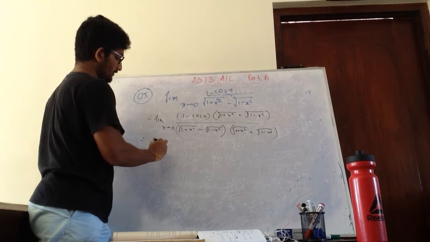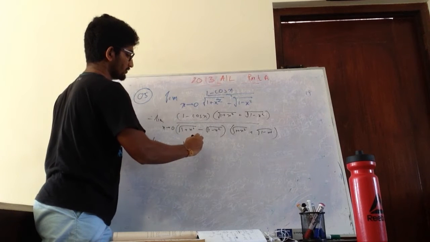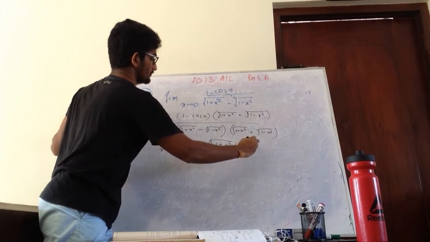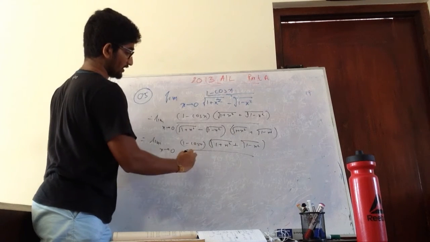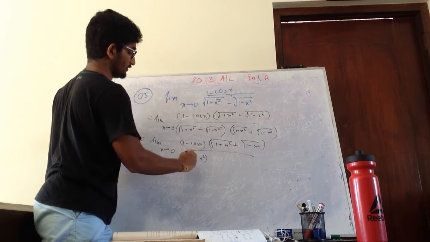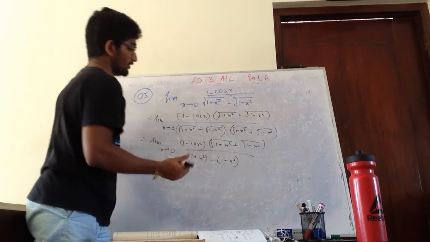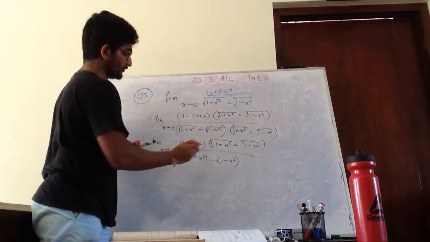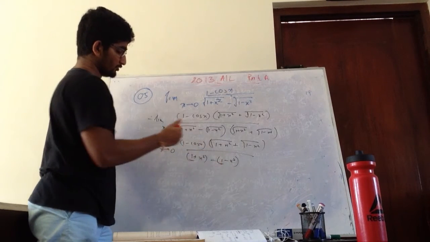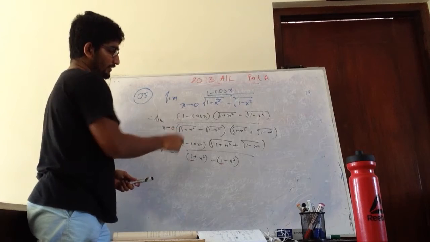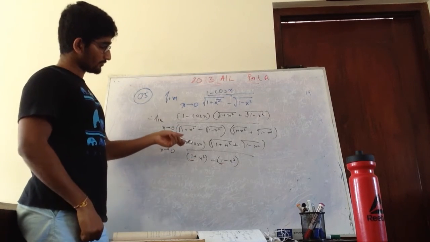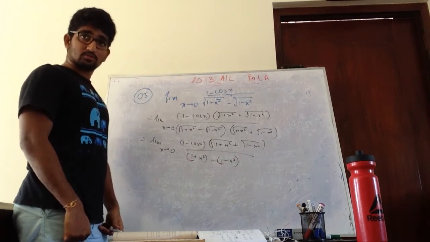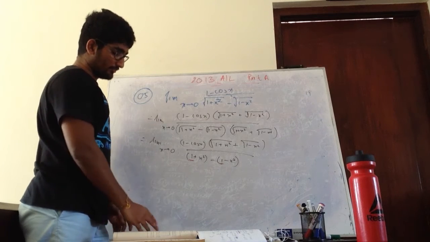Then I'll get limit when x goes to 0, 1 minus cos x, and this becomes 1 plus cos x, so it is 1 squared minus cos squared x. So then what can you all do? So 1 can be cut off. This becomes 2x squared. Correct? And then there's x squared. So you can't do anything with cos x.